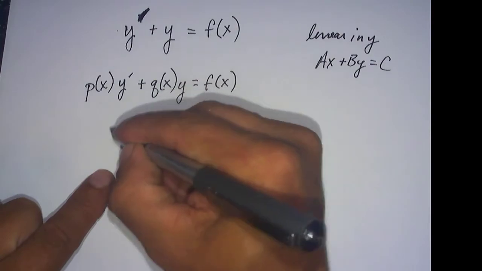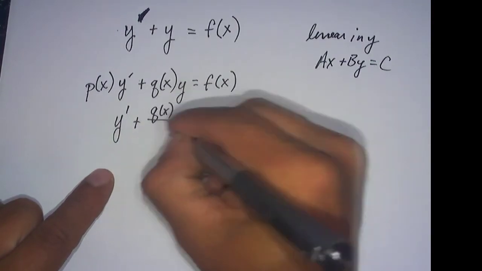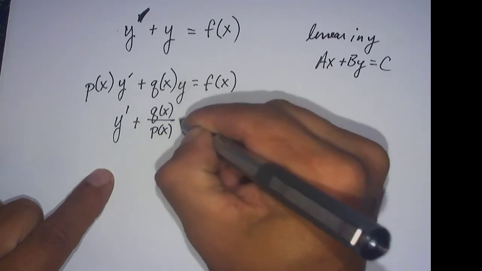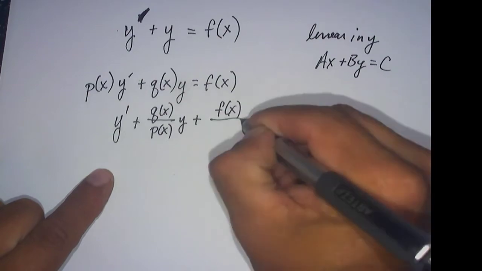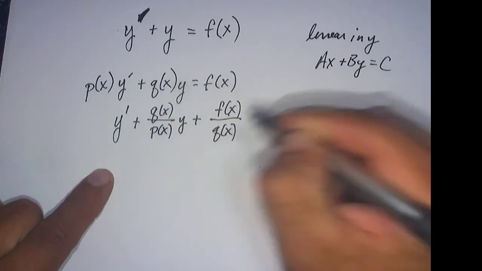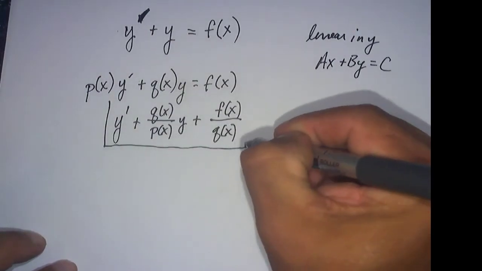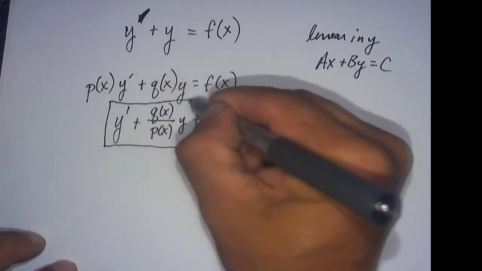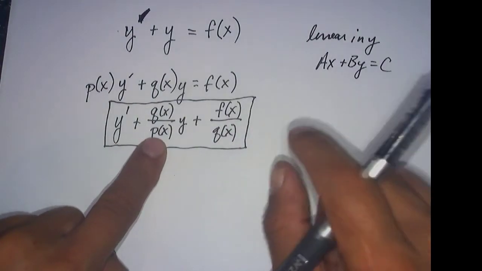So it looks like this. Okay, so this is how you put it in standard form. Now, the idea and the goal here is to set this up so it's the product rule.